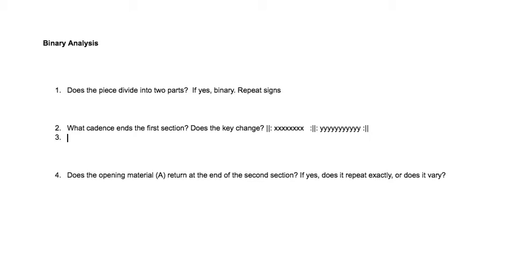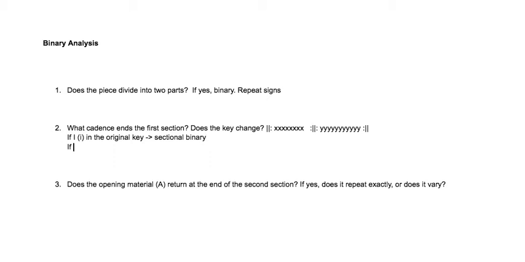So in this case, if we are looking at tonic in major, or tonic if we're in minor, if it's tonic in the original key, then we know we are looking at what we call sectional binary.